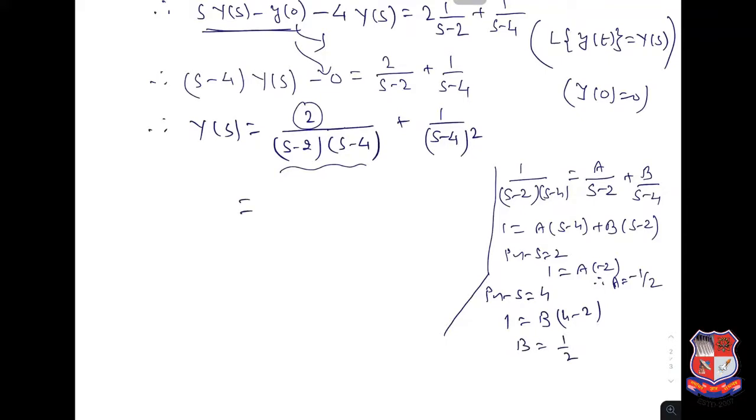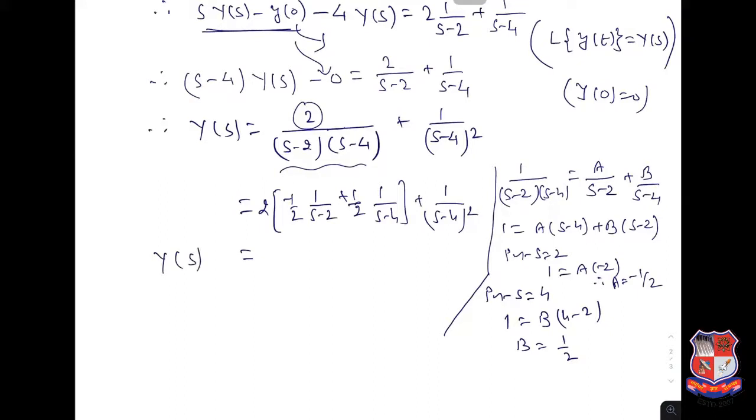So here 2 is there, that we have not taken, so that you should take care. So this is 2: a over s minus 2, a is minus 1 by 2 over s minus 2, plus b over s minus 4, so plus 1 by 2, 1 upon s minus 4, plus 1 over s minus 4 square.